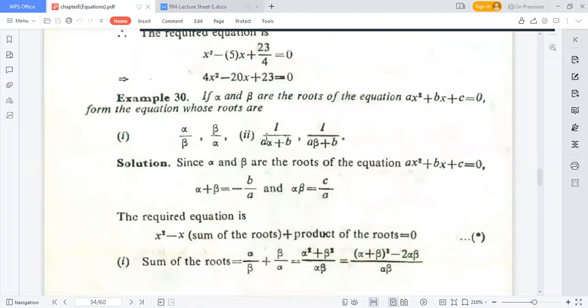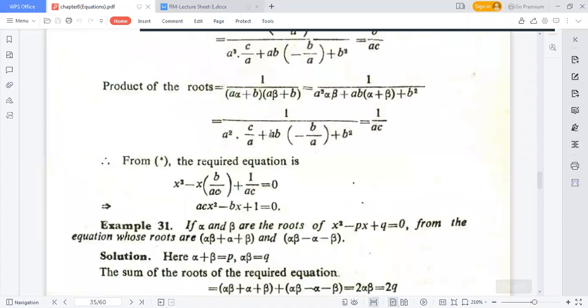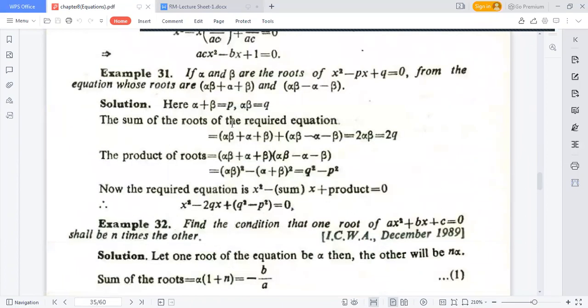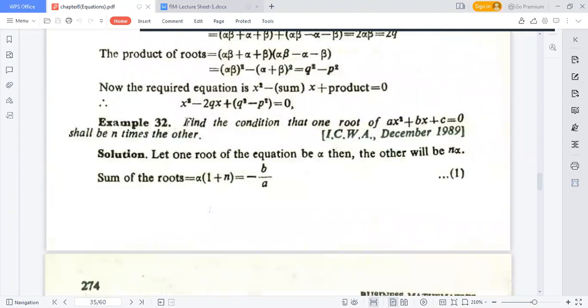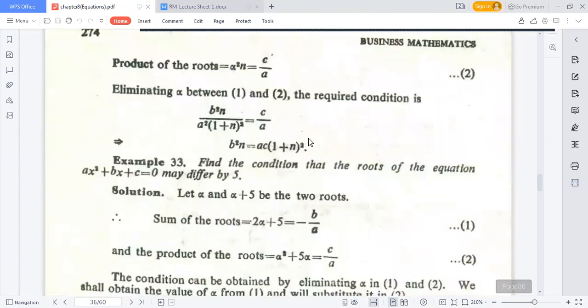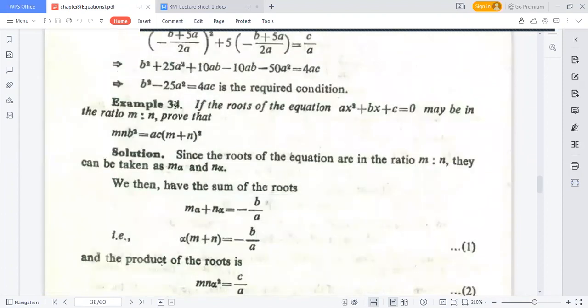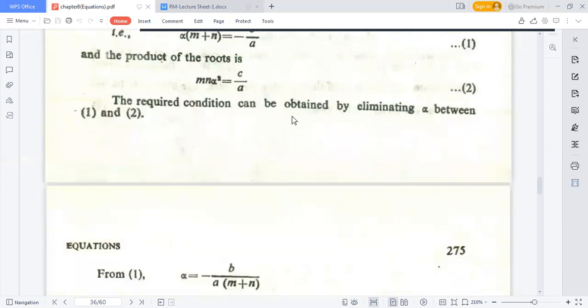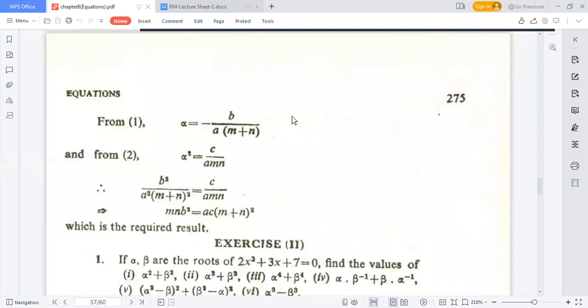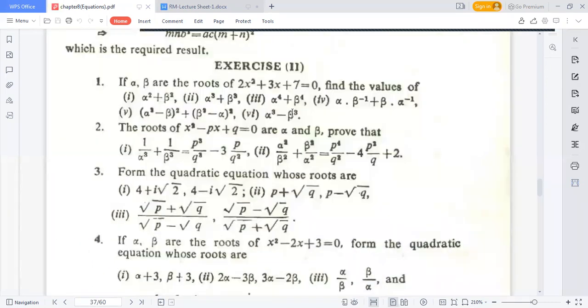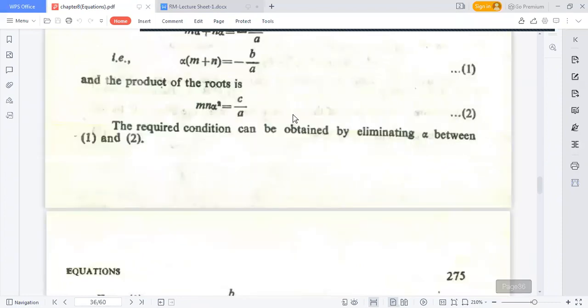And example 30 also, example 30 and 31, 32, example 32, 33, 34, and this is the same as example 6. Just here m is to n, but in this one p is to q, same. Okay, p is to q and m is to n, same example. So this is the result. Very easy for you.